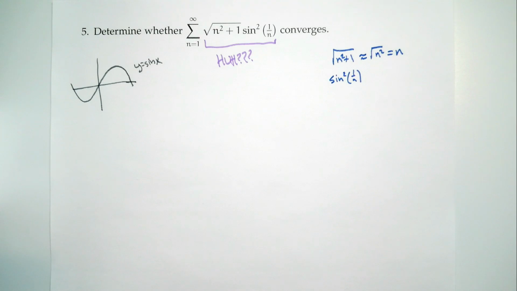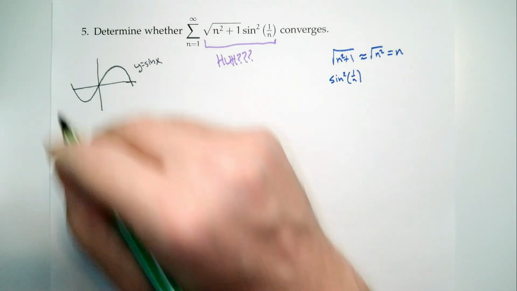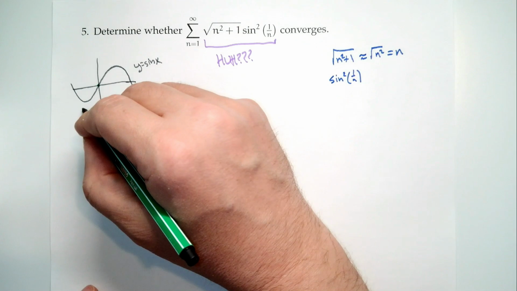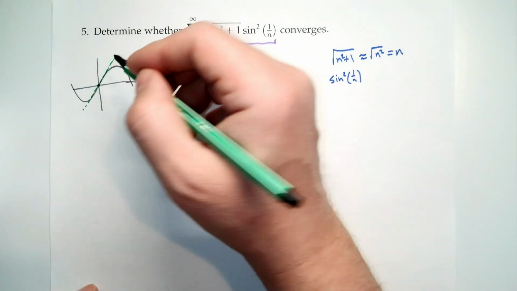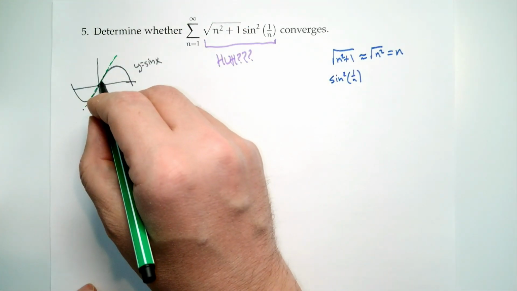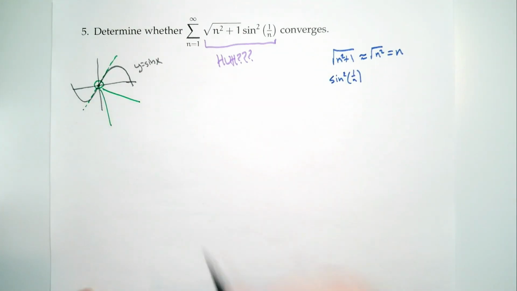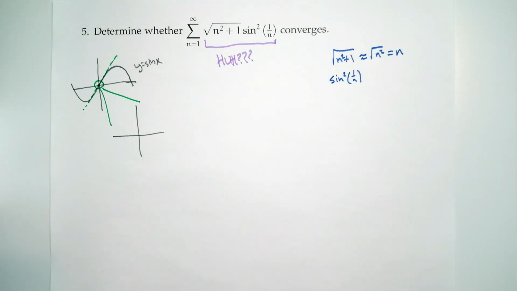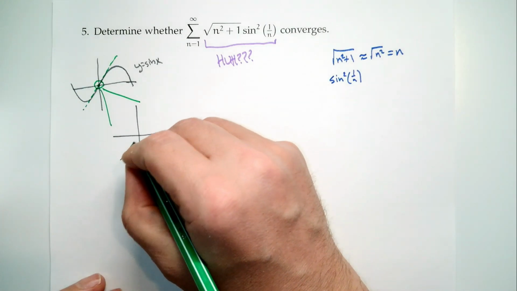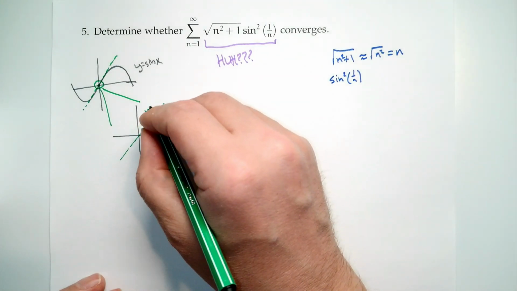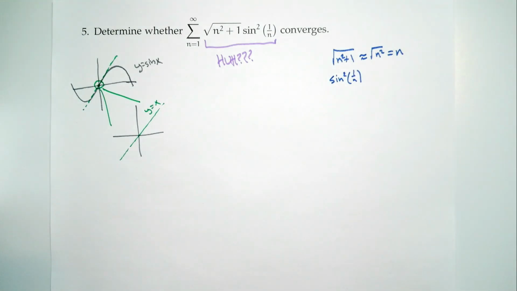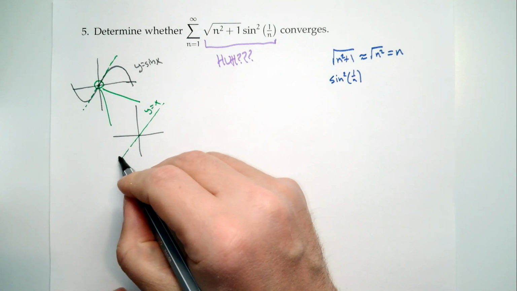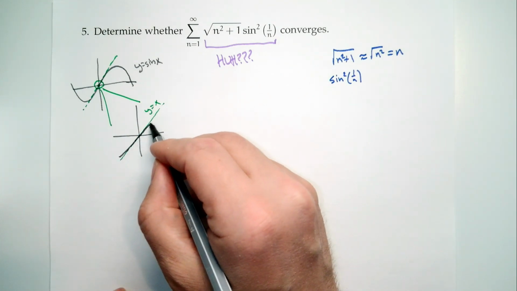If you were to look at 0 and ask what the tangent line is, you get something like that. And if you zoom in, which is often how we do things in math, you'd get your tangent line, y equals x, and you'd see that sine of x comes in almost right on top of it.